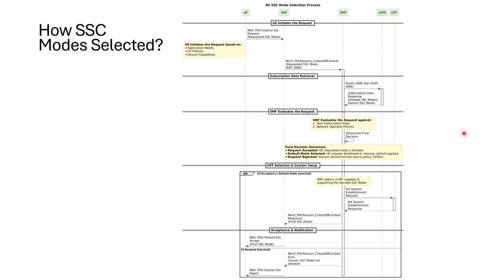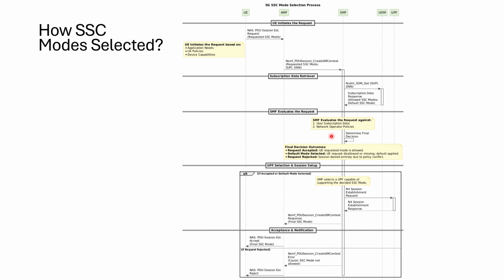Now the decision hierarchy looks like this. If the UE requested mode is in the UDM allowed list, the SMF is going to use that requested mode. If the UE requests a mode that is not in the allowed list, the SMF is going to assign the default SSC mode from the UDM.